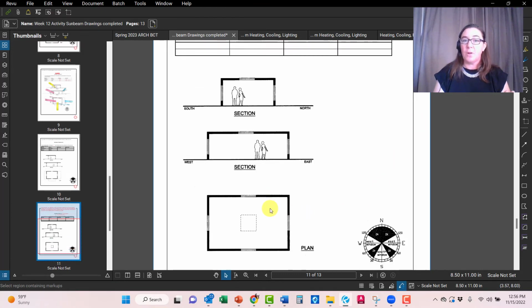Now this drawing is showing a north, south, east, and west window, and a skylight. So take a black pen or something and just black out any of the ones that you're not doing. For example, if you were assigned the east window, you would leave this window on the plan and black out the other ones.